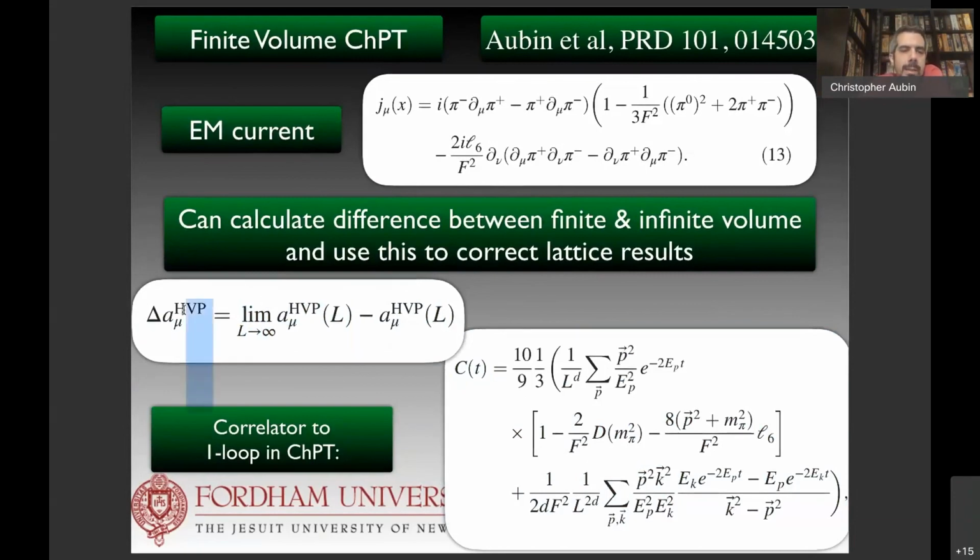So we can calculate this expression here in chiral perturbation theory and add it to the lattice for the same quantity. And if we do that, we should get the infinite volume contribution. What I'm not showing here is you can incorporate staggered quarks into this as well. But I'm just going to scoot on by that right now.